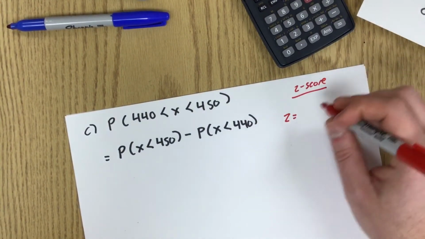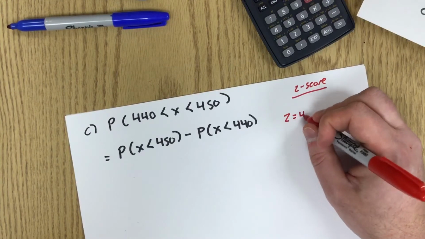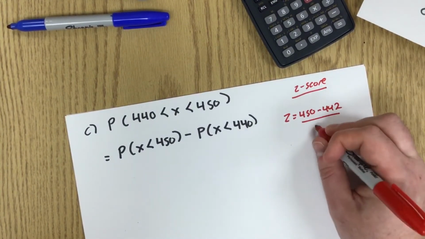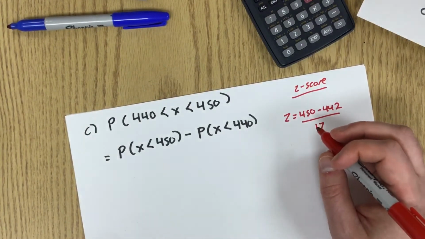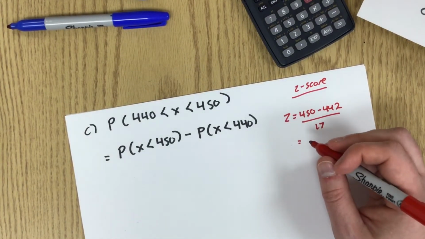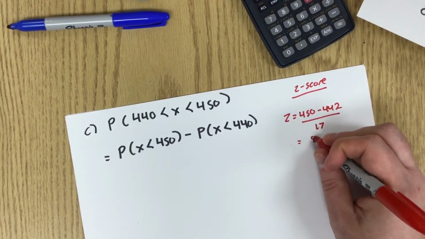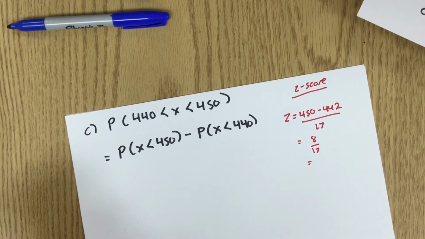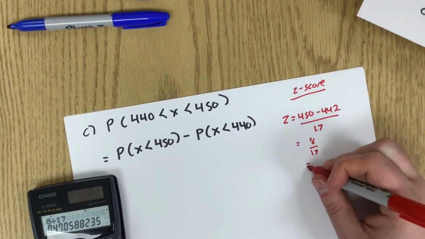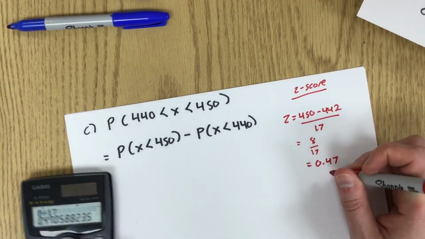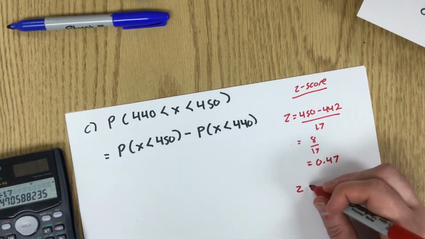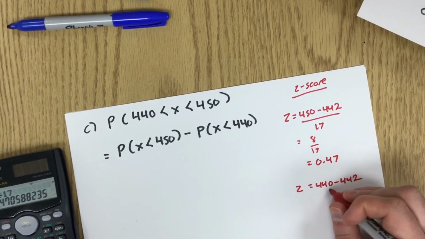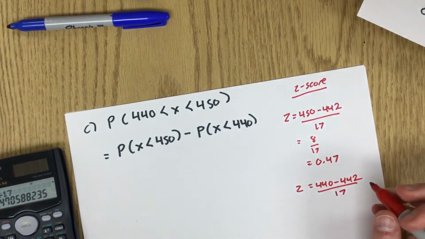The z-score is going to be 450 minus 442 over 17, which is 8 over 17, which is 0.47.